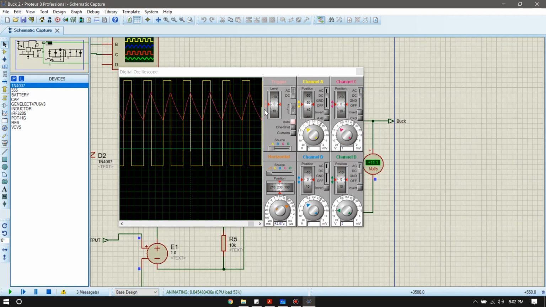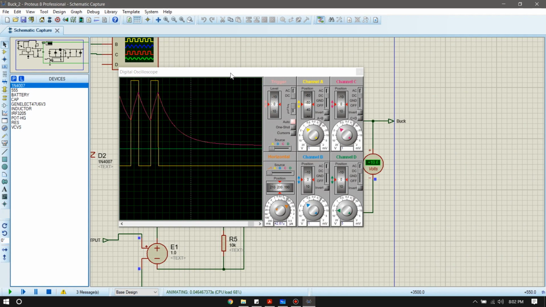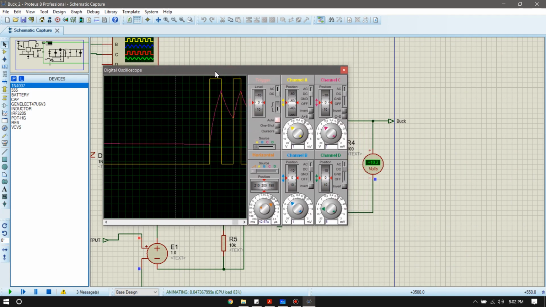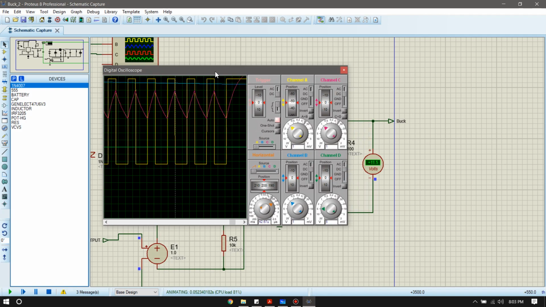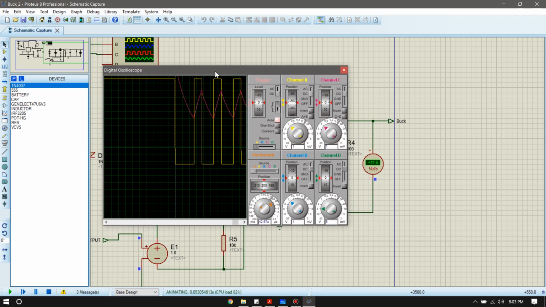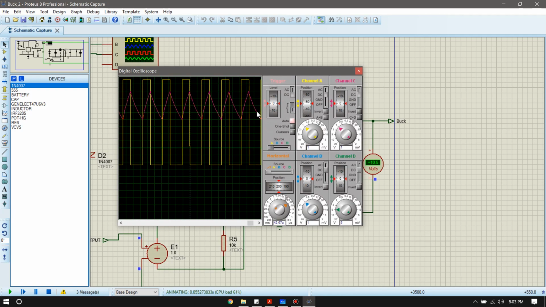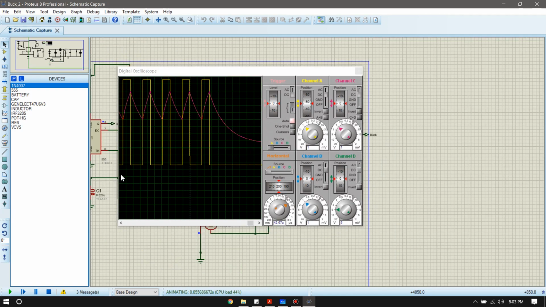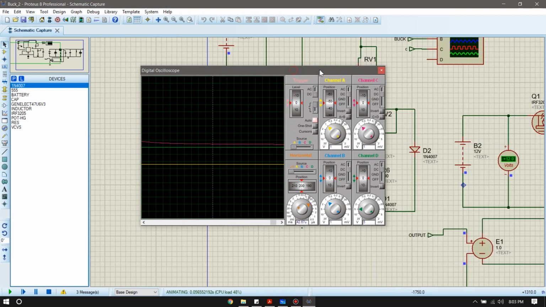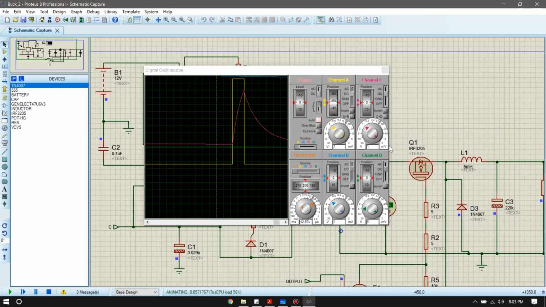That means our duty cycle is decreasing, and the value of the output voltage will be lower, right? So you have to observe this in your probe case. It might be a bit tricky because this circuit keeps crashing, but try it and see what you find.